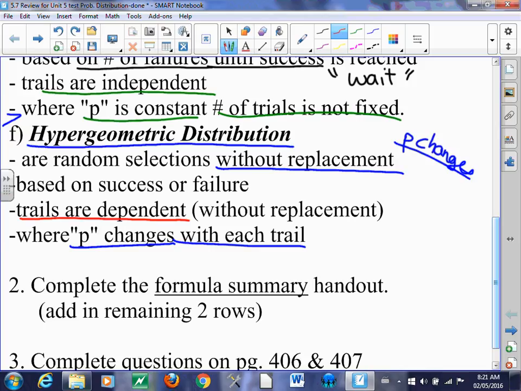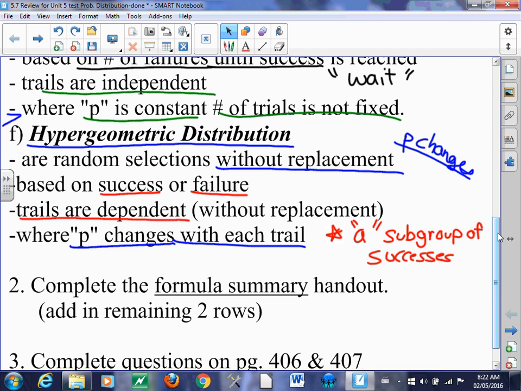And it's still based on success and failure. Just remember we've got a subgroup, an A, which is a subgroup of successes. That's how I always remember it, and you see A in your formula.